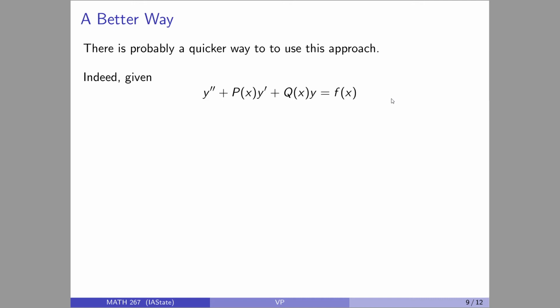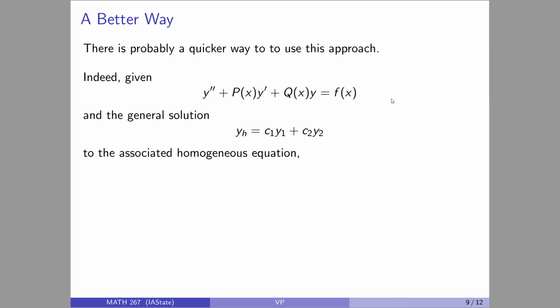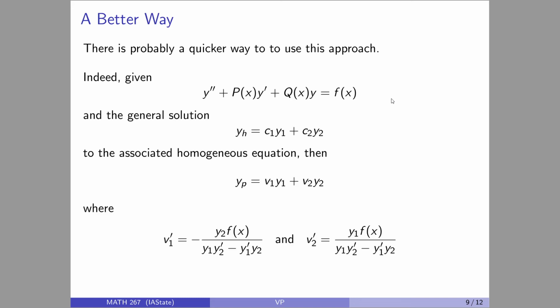If I give you this, and I've told you what the general solution is to the associated homogeneous, then for the particular solution, let the parameters vary, C1 to V1, C2 to V2, then there are always explicit formulas we can use to solve for V1 and V2, and here they are.